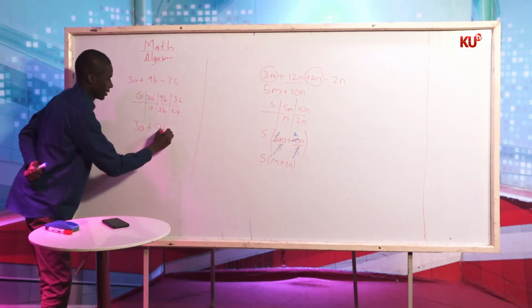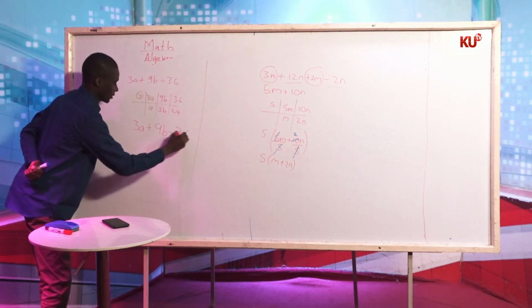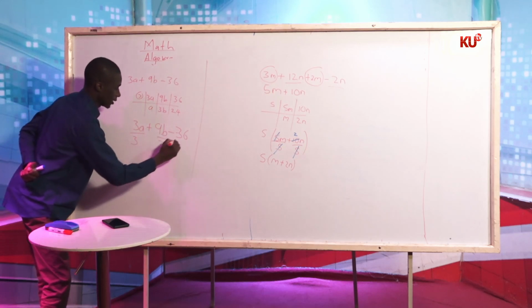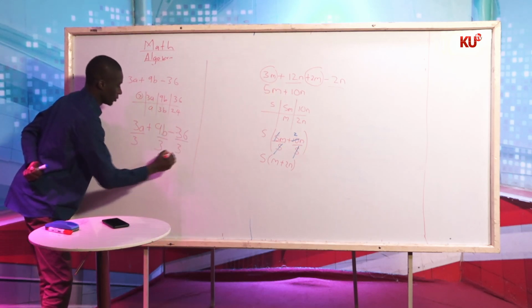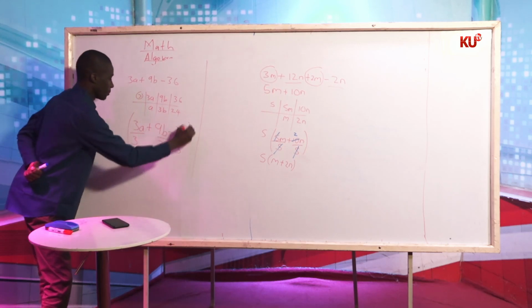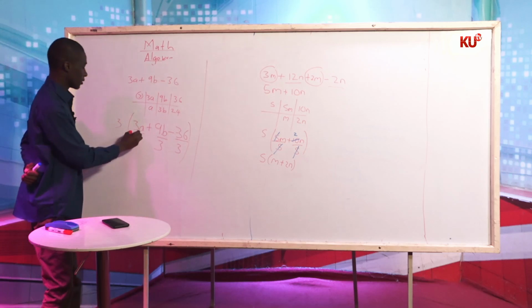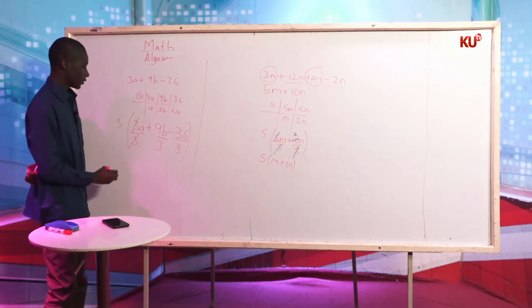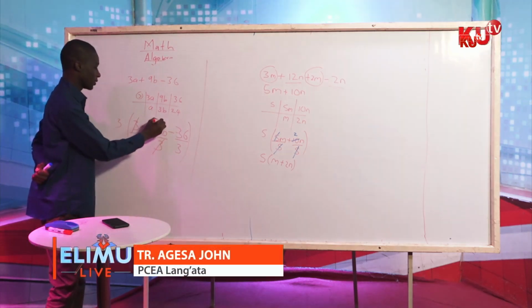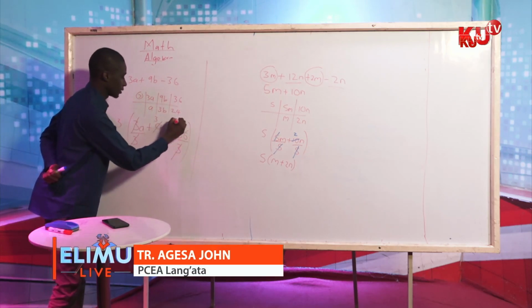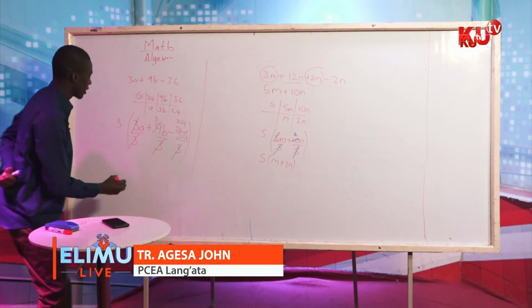Divide this term by 3, divide this term by 3, and divide the third term by 3, and we also repeat by multiplying everything by 3. So on simplification, this 3 will drop off this 3. This 3 will divide this 9 3 times, and this 3 will divide 36 12 times.